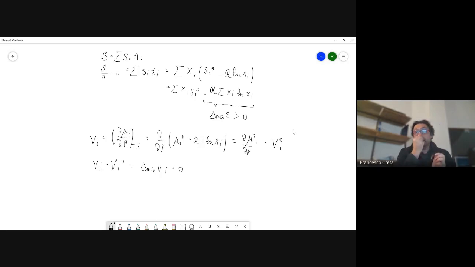This is not necessarily true for liquids. There are mixtures, for example, of water and ethanol. And for these, adding, for example, some ethanol to water causes an effective delta mix of volume.